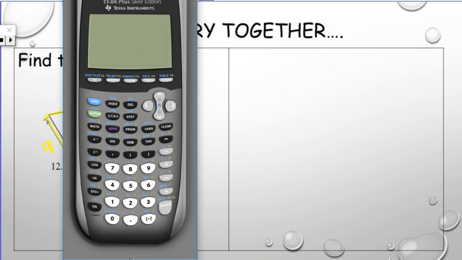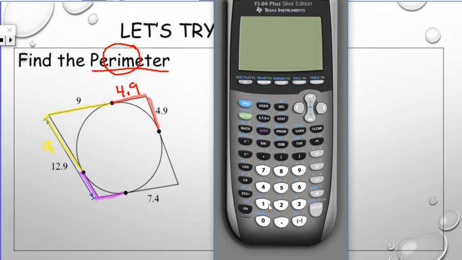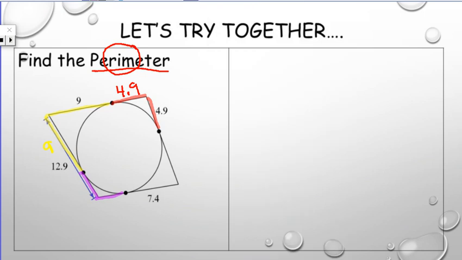So if I take my calculator and do 12.9 minus 9, that should equal 3.9. So that means this little piece right here is 3.9. Now that I figured out this piece, I know these two should be the same because they're both coming from this point of tangency here. So this is 3.9.